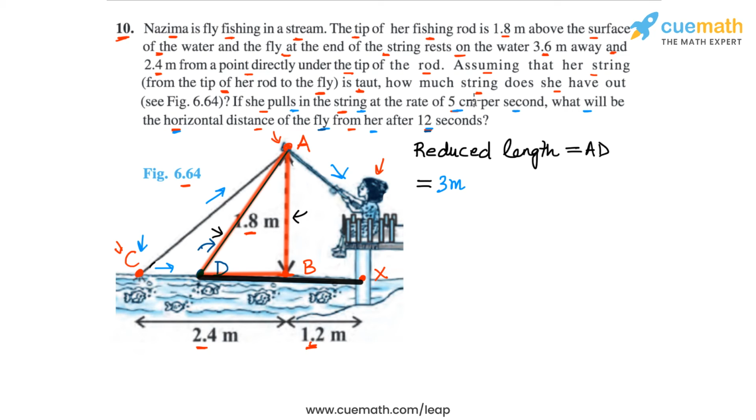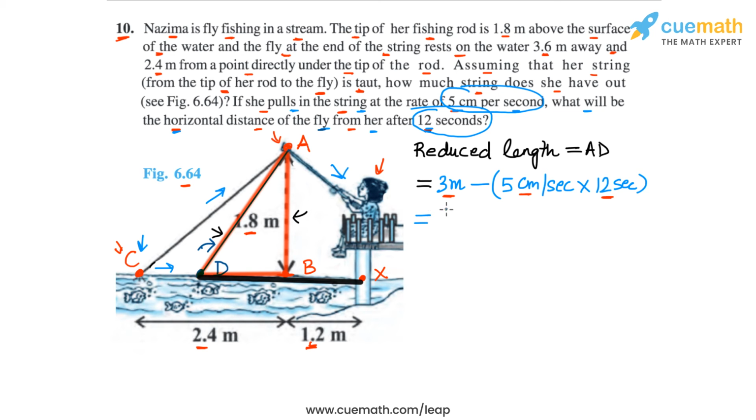And then she is pulling in the string at the rate of 5 centimeter per second for a total of 12 seconds. So the reduction in the length of the string that is out will be 5 centimeters per second into 12 seconds. So from the original length of the string which is out, you subtract this reduction in length, and that will give you the reduced length.